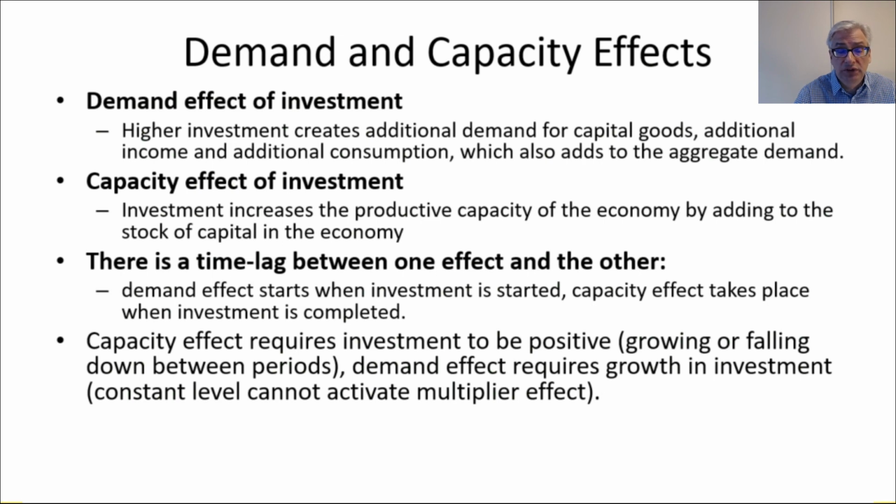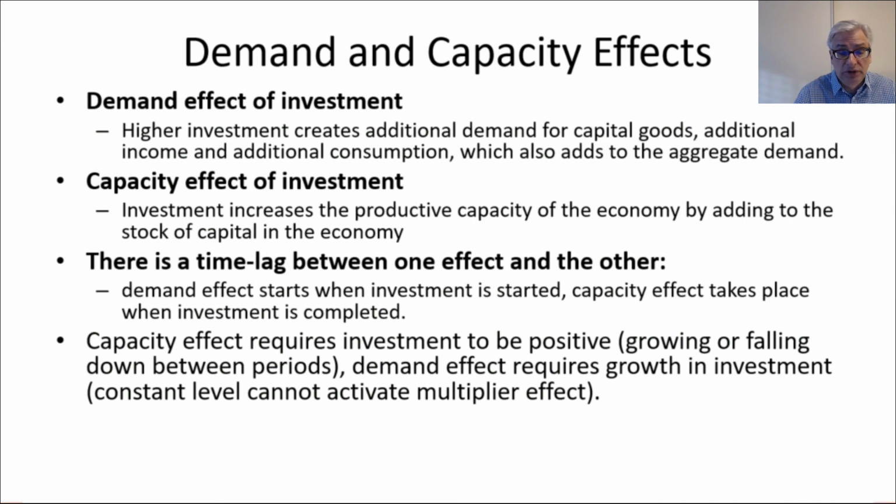And obviously there is a time lag between the first effect and the other one, right? Because demand starts when you start your investment. The capacity effect starts when the investment is completed. As you can see, the capacity effect requires investment to be positive. It could be higher or smaller in some periods, but it should be positive.